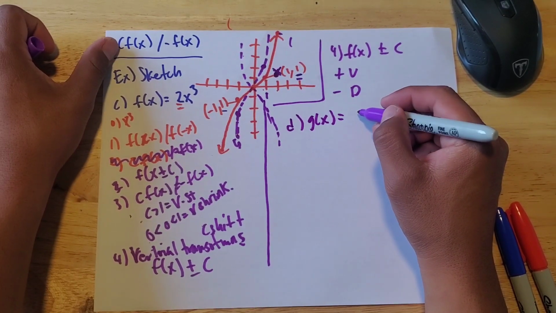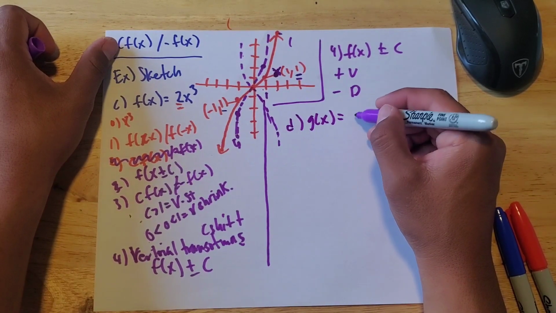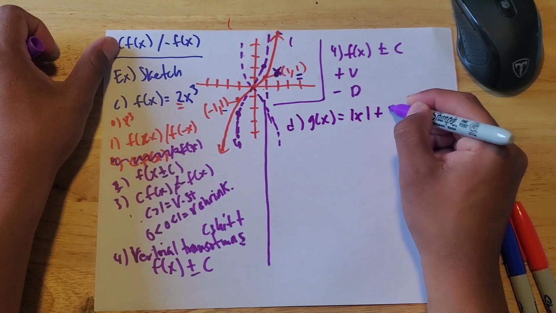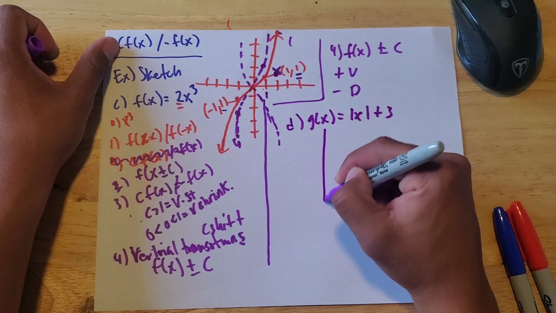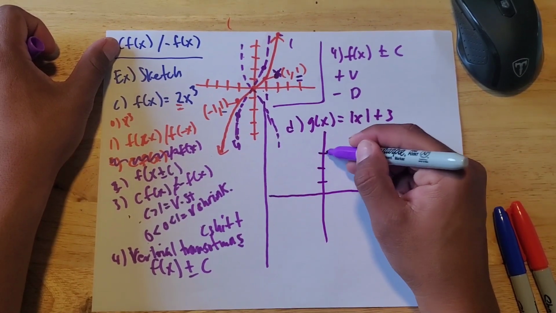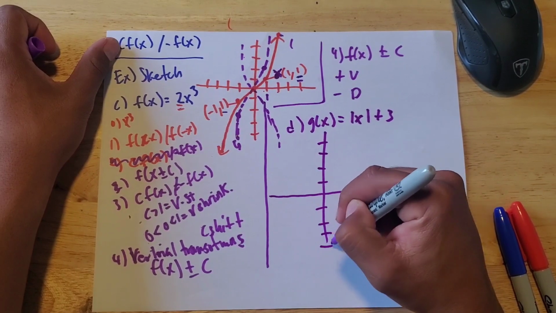Alright, so if we see the example, let's say I do g of x is equal to, let's do, what have we not done yet? Let me do another absolute value. I'm going to do plus 3. So again, same thing as before. Everything now is happening to the y coordinates instead of the x's.